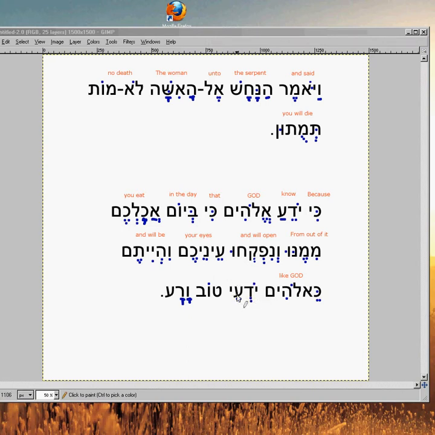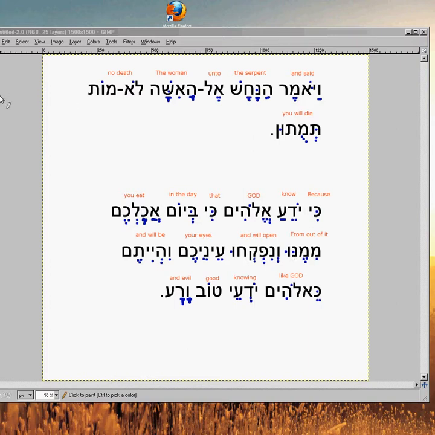Yodei, knowing. Tov is good. Knowing good. Vara, and, remember, vav is and. Ra is evil. Knowing good and evil. So, and said the serpent unto the woman, no death you will die, because God knows that in the day you eat from out of it, and will open your eyes, and will be like God, knowing good and evil.